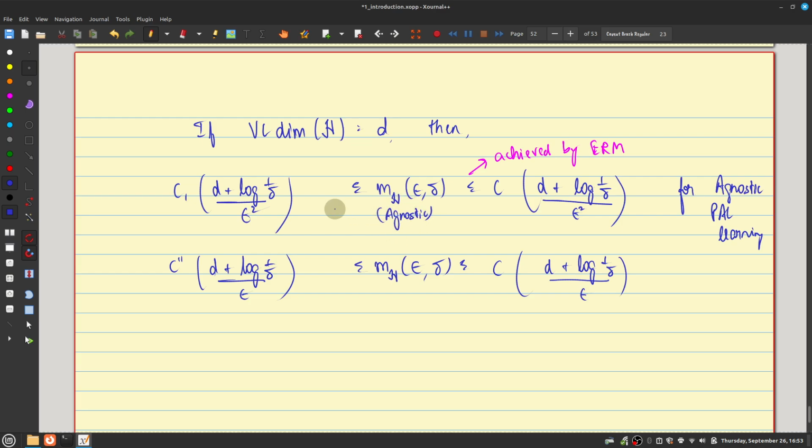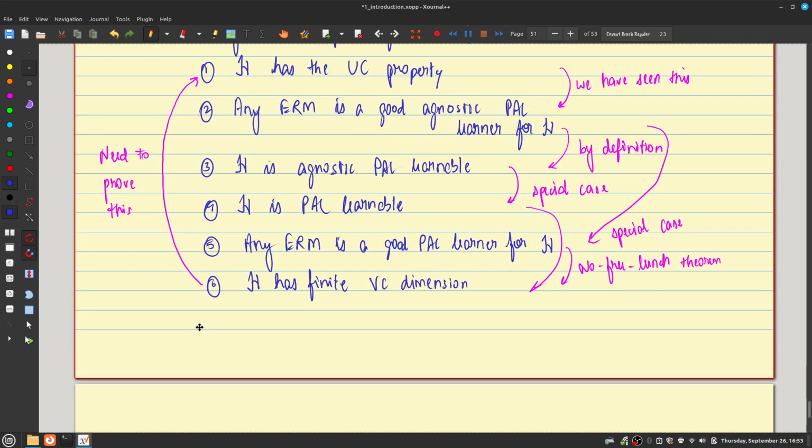As you would expect, if you are trying to perform agnostic PAC learning, then you would require more samples. Epsilon is less than 1, so this quantity is larger than this particular quantity. But again, I'd like to point out that all of these statements hold true only for binary classification. Even if you go to regression, this statement is not true. These equivalences are not true in general.